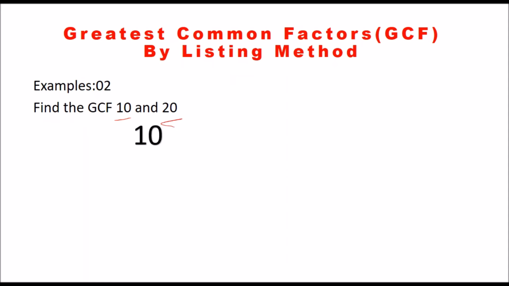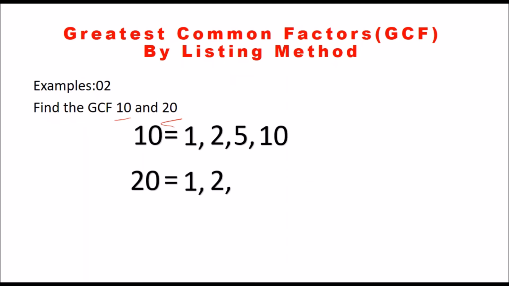The factors of 10 are 1, 2, 5, and 10 itself. The factors of 20 are 1, 2, 4, 5, 10, and 20 itself. You have to remember that.